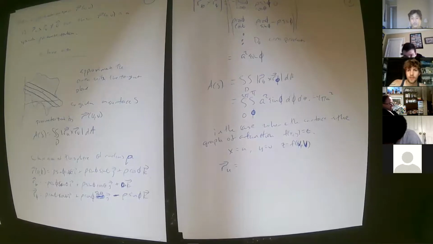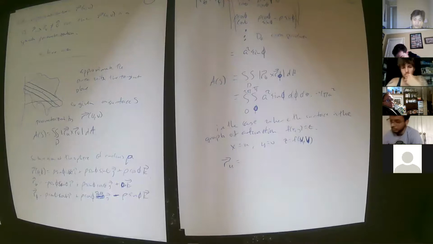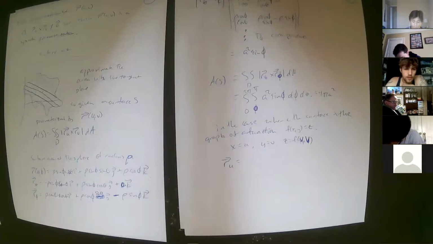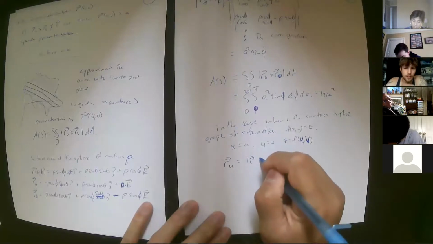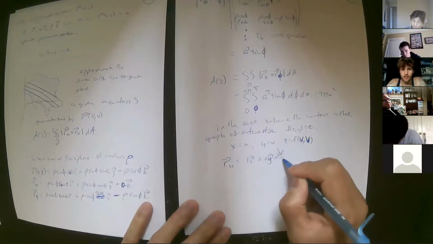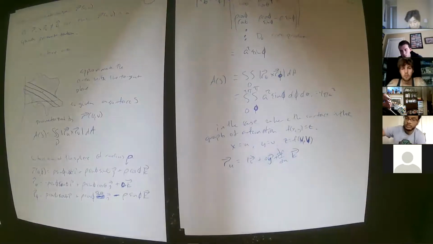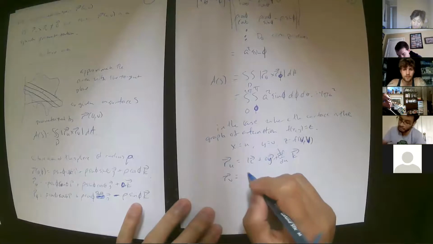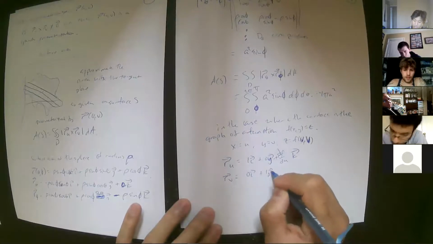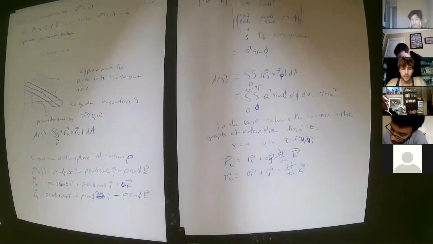We should be able to get the derivative of r with respect to u in terms of these things. What is the i component? 1i, 0j, and df du k. And then r sub v is 0i plus 1j plus df dv k.